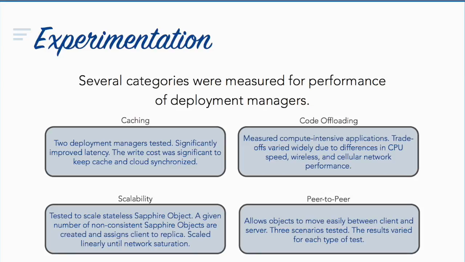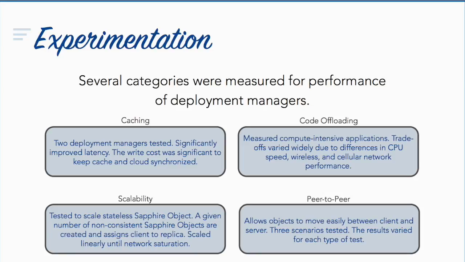And lastly, for peer-to-peer, they measured 3 deployments for the game Sapphire object in a multiplayer game. So the first was without a deployment manager, which deploys a Sapphire object on the server where it was created.